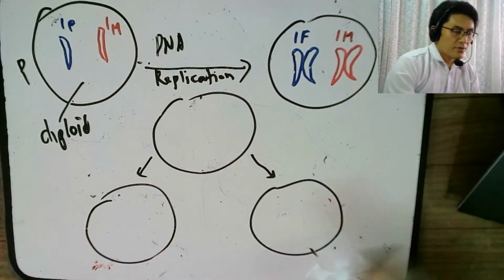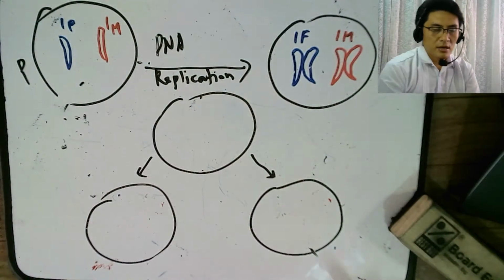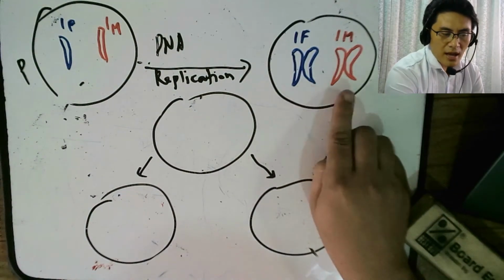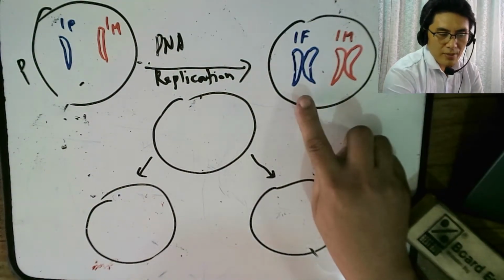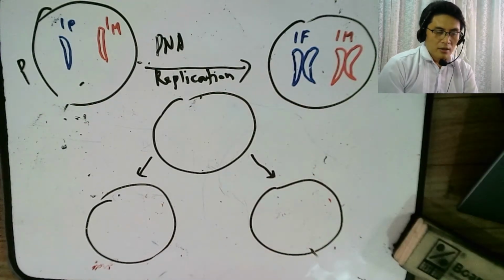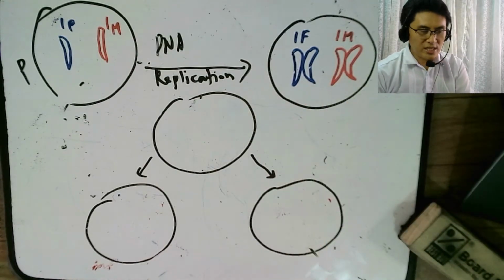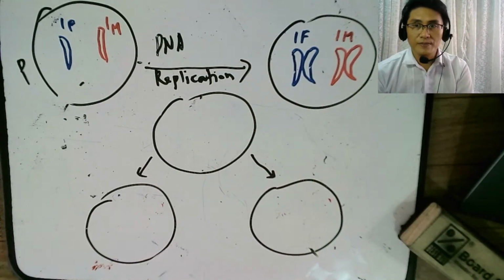But there is an extra step. After they have been replicated like this, you now have sister chromatids. These chromosomes decide to exchange materials.